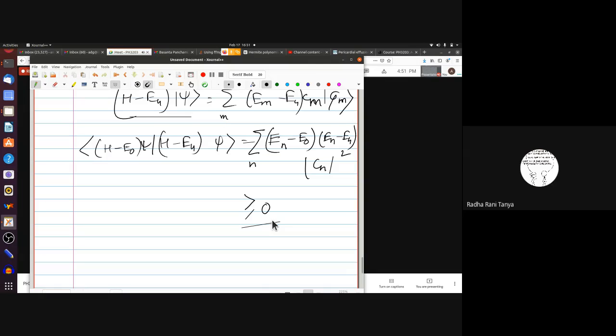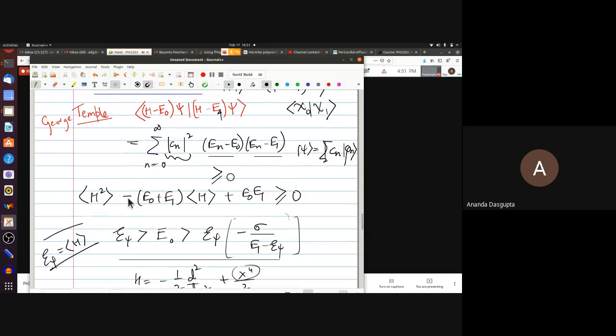So what I did earlier, the whole idea behind the Temple method, was you start with this quantity and write it in a form like this, where in my version I will get E4 wherever E1 is. But the important thing is the right-hand side here is definitely positive, right? Or at worst, it can be 0. It cannot be negative. Is that okay with everybody? That was the basic idea behind the Temple argument.